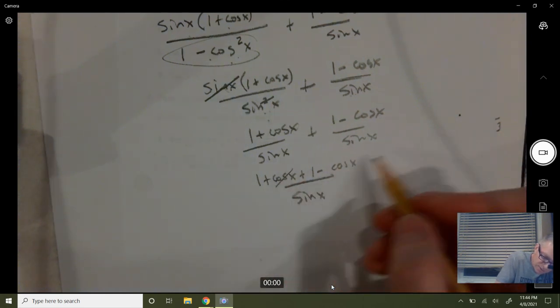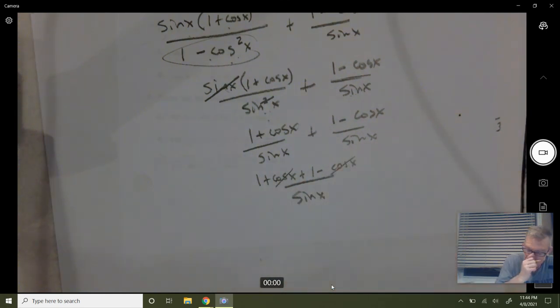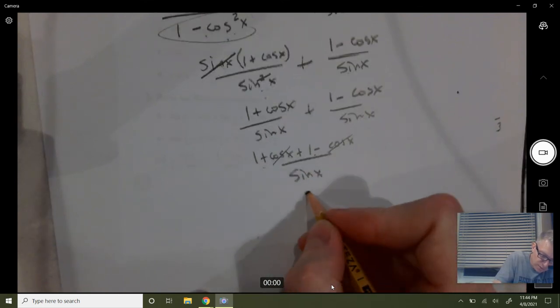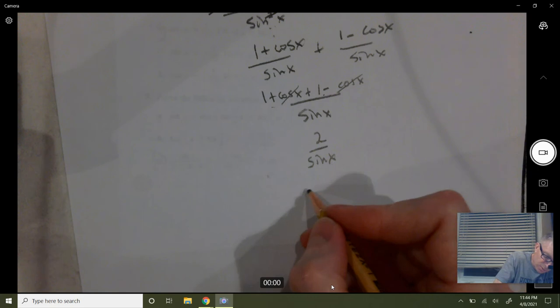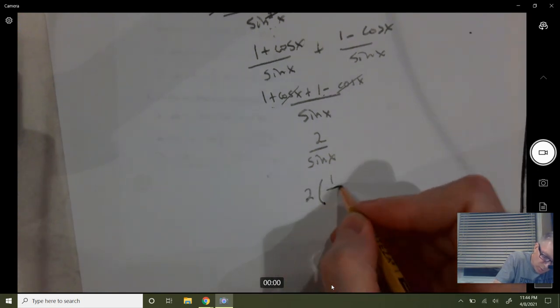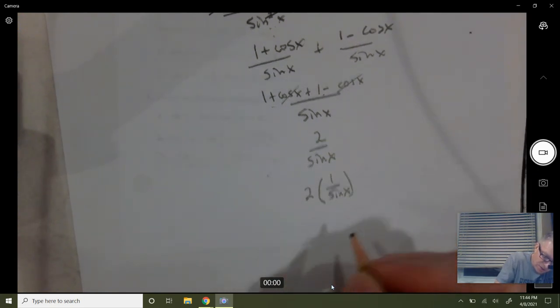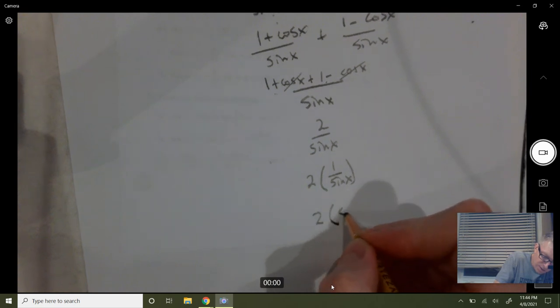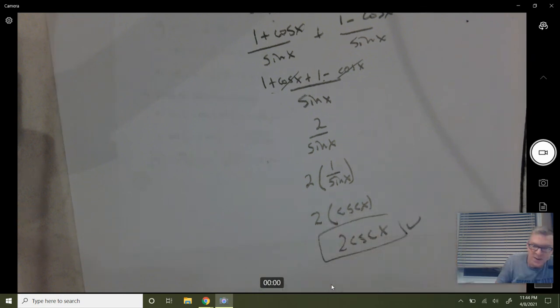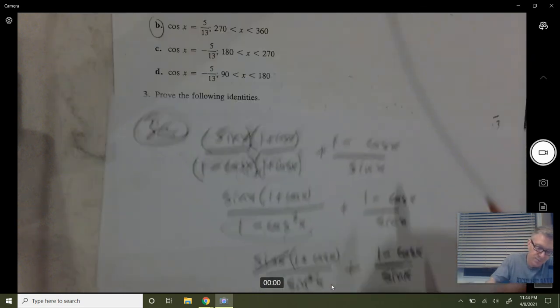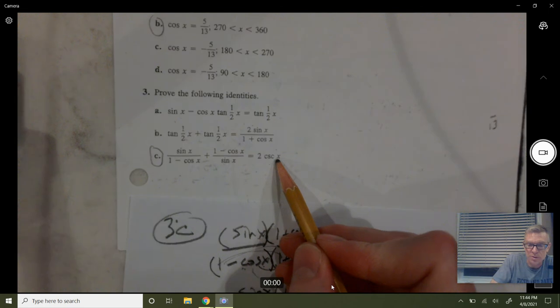The plus cosine x and minus cosine x make 0. The 1 plus 1 gives you 2 over sine x, which can also be written as 2 times 1 over sine x, or 2 times cosecant of x. 2 cosecant x, and guess what? That is what we wanted to get. That's what this was supposed to be equal to.